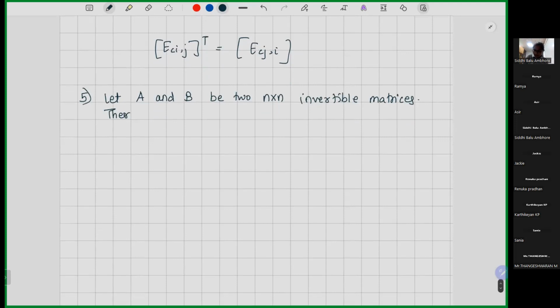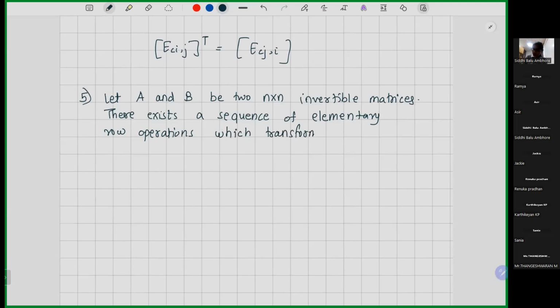Then they are saying that there exists a sequence of elementary row operations which transforms A to B. So when I apply any row operation, it is just like I am multiplying an elementary matrix to that matrix A.